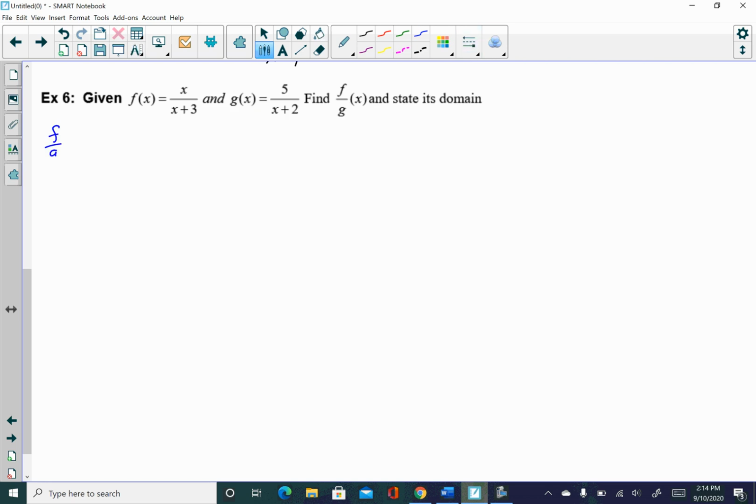f over g of x just means f of x divided by g of x. Plug in your f of x up top, so x over x plus 3, g of x on the bottom, 5 over x plus 2. Just like we said, in order to clean this up, copy the top, change it to multiplication, and flip.